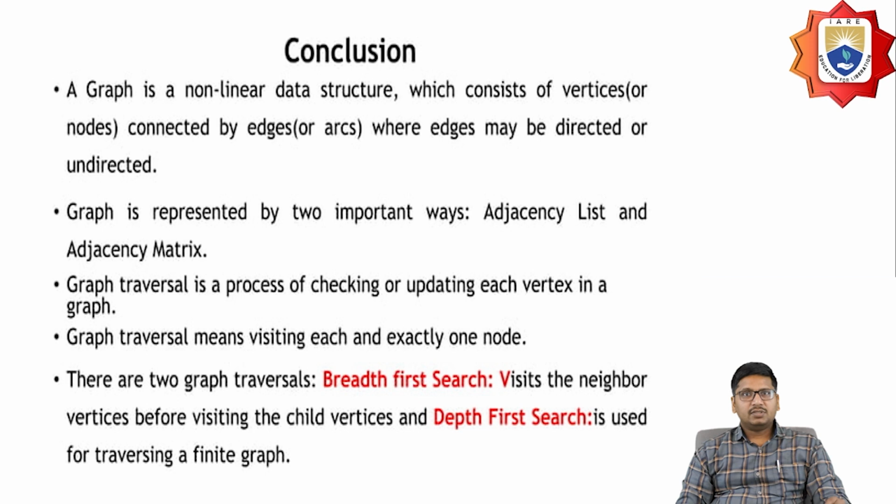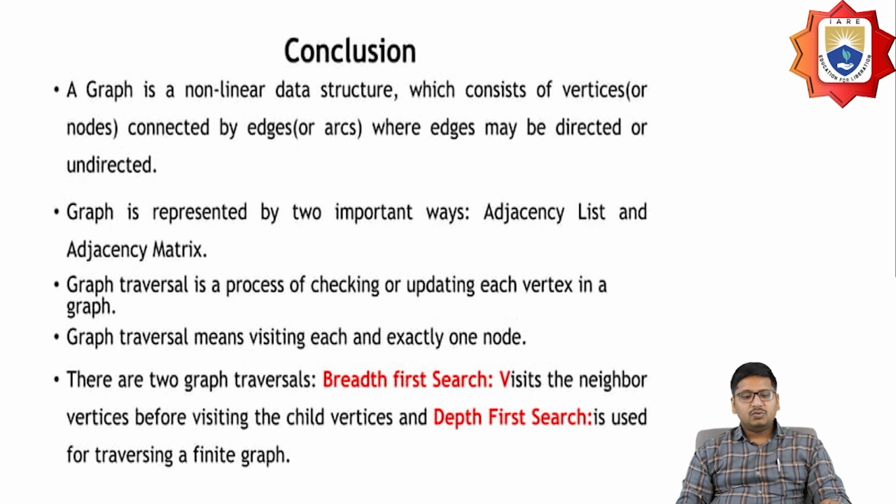And graph traversal is the process of checking and updating each vertex in the graph, meaning visiting each and every node exactly once. There are two graph traversals. The first one is breadth first search, which visits the neighbor vertices before the child vertices, and it is used for traversing a finite graph.